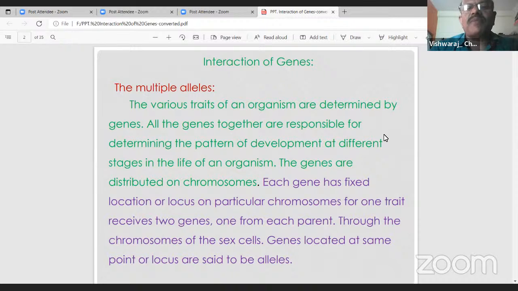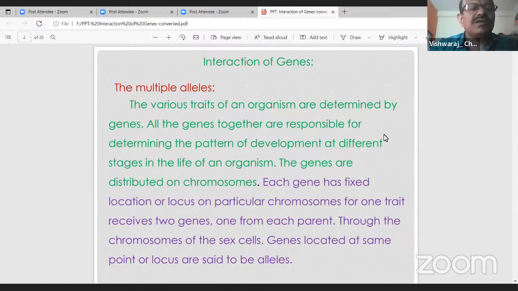Various traits of an organism are determined by genes. All the genes together are responsible for determining the pattern of development at different stages in the life of an organism.